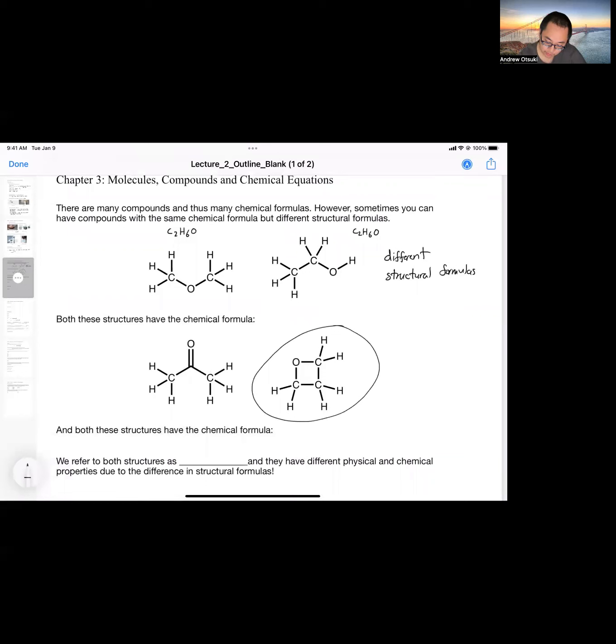So very different structures, but same chemical formula.